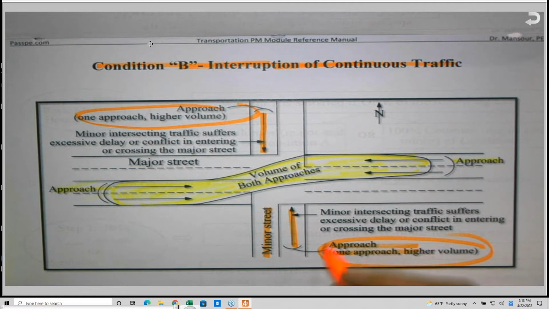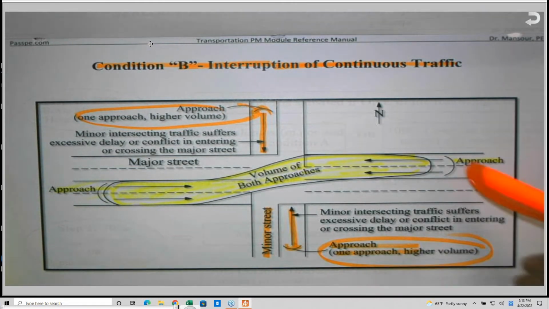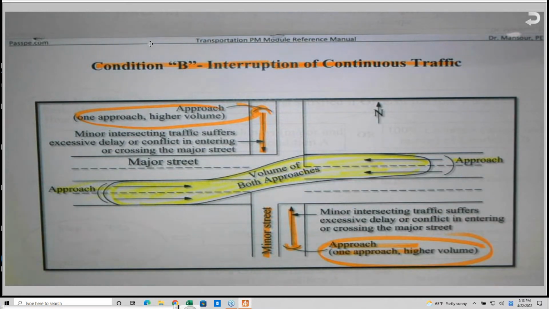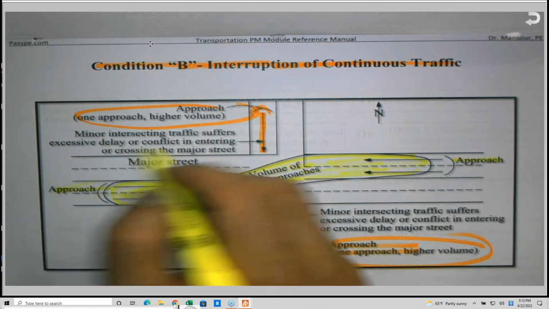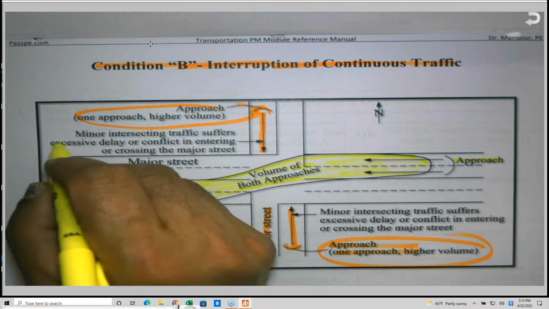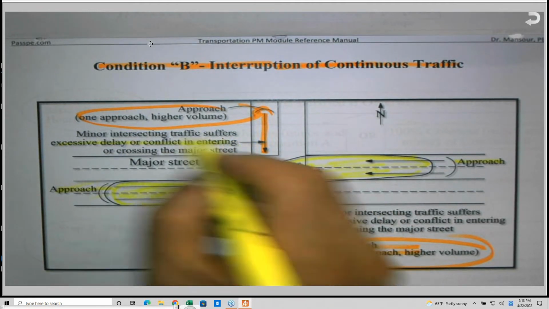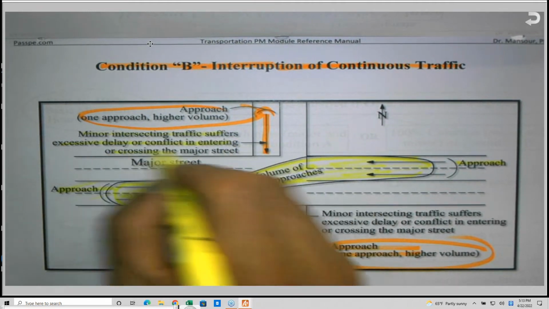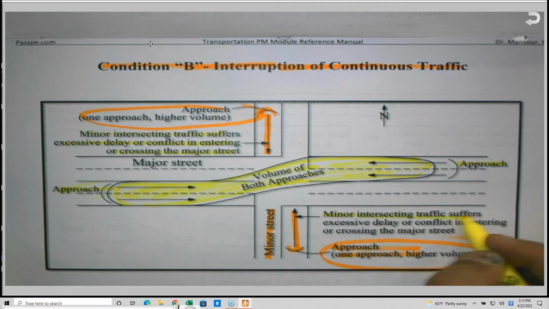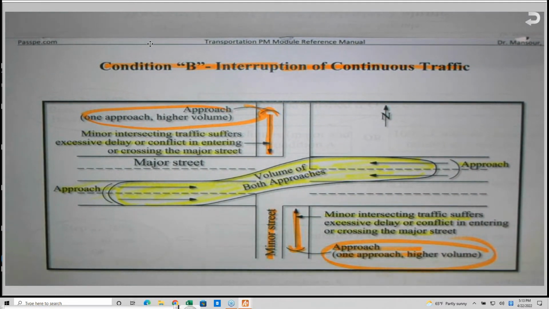This is called an approach, and this is called an approach, but we add the two approaches together. The intent of condition B is that minor intersecting traffic suffers excessive delay or conflict in entering or crossing the major. This is the reason they came up with this.